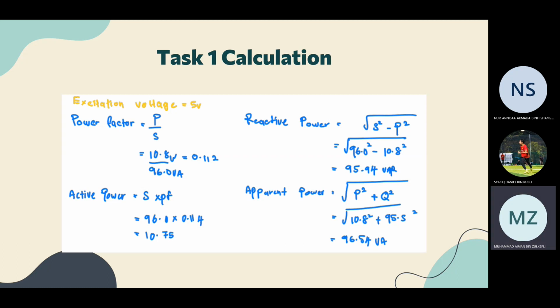For the active power, it is S times PF, where PF means power factor. For the apparent power, it is the square root of P squared plus Q squared. So that's the formula for the calculation of power factor, reactive power, active power, and apparent power.